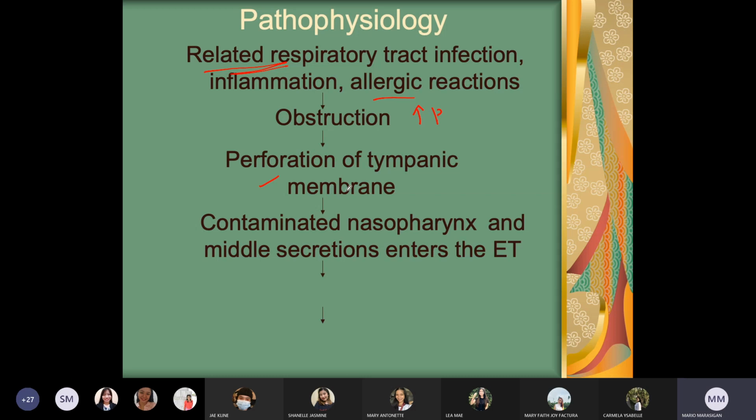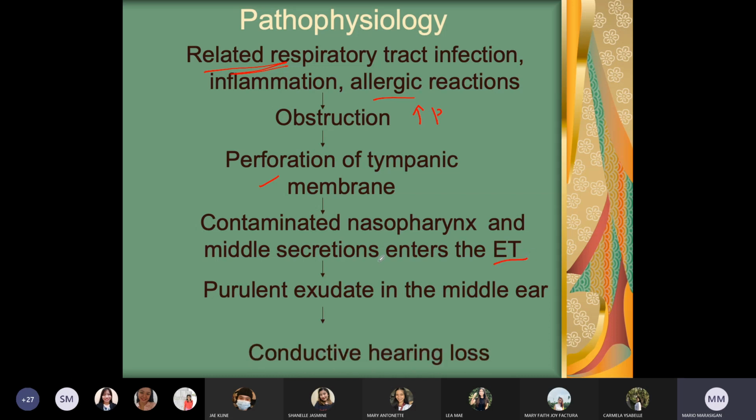When it perforates, it will contaminate the nasopharynx. Middle ear secretion enters the eustachian tube. Then purulent exudate is present in the middle ear, and the patient might complain of hearing loss.